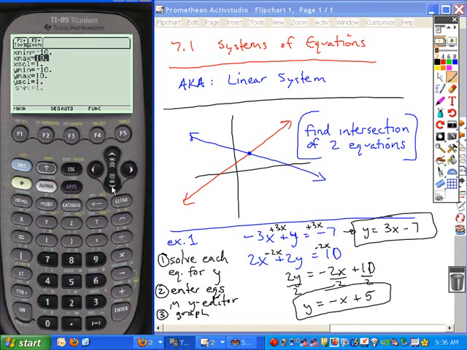So negative 10 is your minimum x, positive 10 is your maximum x, your x scale is 1, and then the same thing for the y's. Minimum negative 10, maximum 10, the scale of 1. Once you change those, then you can hit your graph key, green diamond F3, and your graph will appear. It'll show each of your equations.